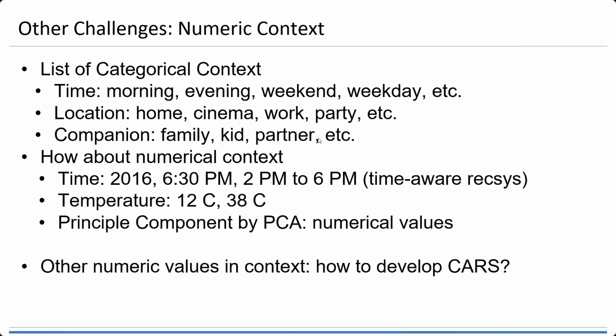For example, if the categorical context is the time is in the morning, the time is in the evening, the time is on the weekend, the time is on the weekday. But how about if the time is numerical context? The time is at 6:30 p.m. So this is challenging.